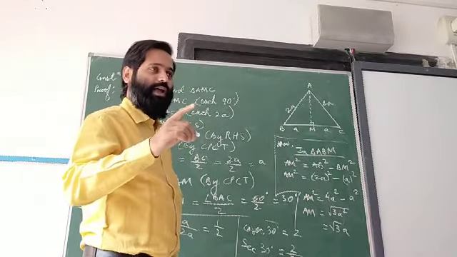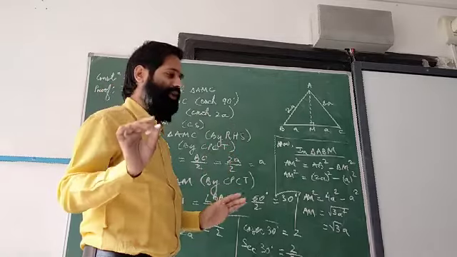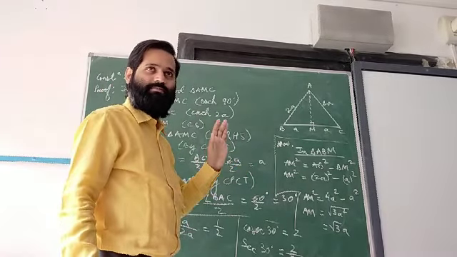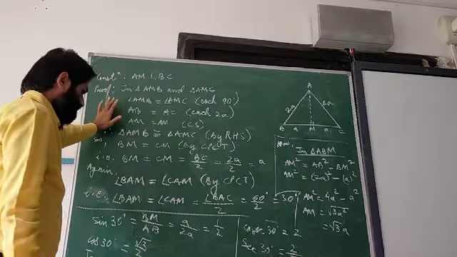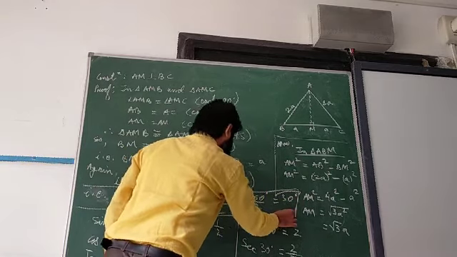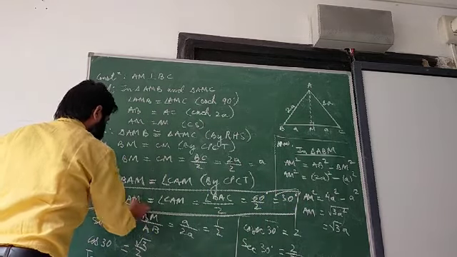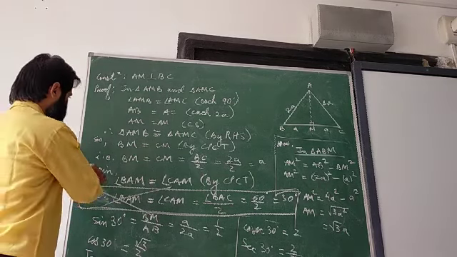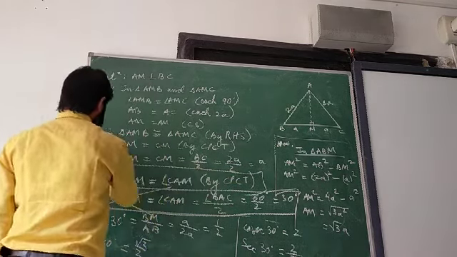Now listen properly. I am explaining everything, you will do it now. Given is same. Construction is same. Proof is same. No need to write this one because we don't want 30 degrees. Just eliminate this one, and this one also.